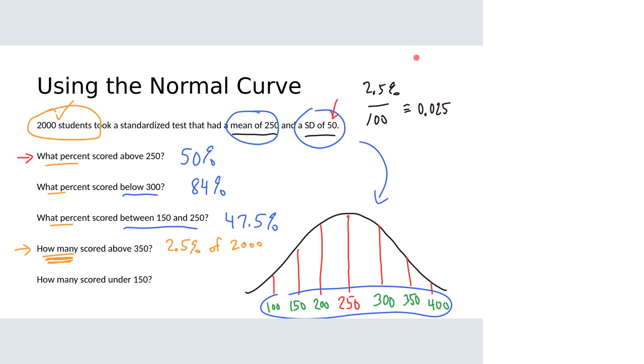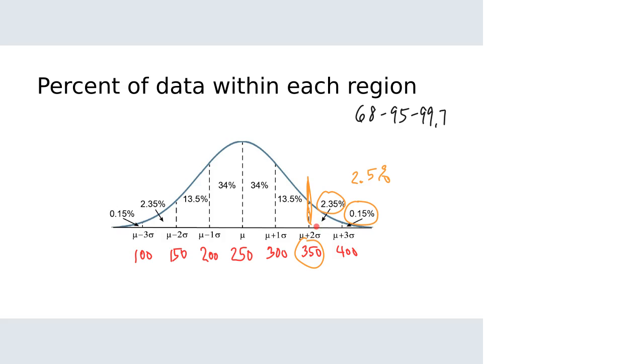And so now what I have is 0.025 of, and of is a word that tells us to multiply, 2,000. So we'll multiply those together, and I get 50. So 50 students scored above 350. If you wanted to identify your top scorers, there were 50 students over here in the top 2.5%.